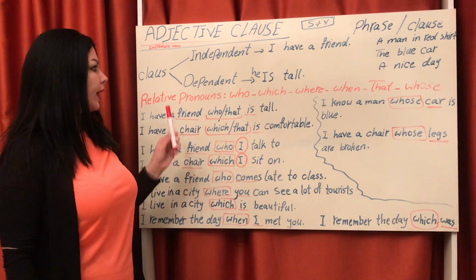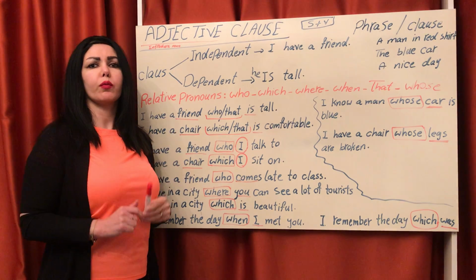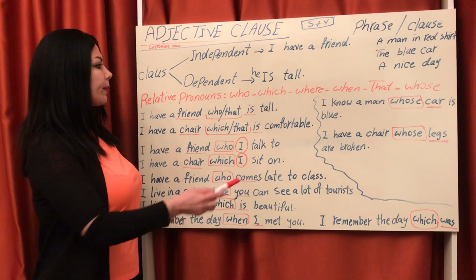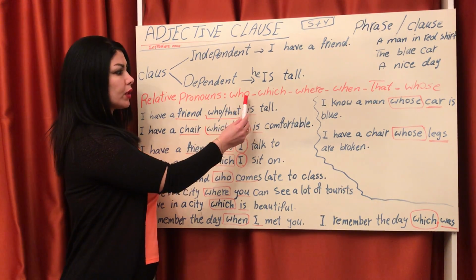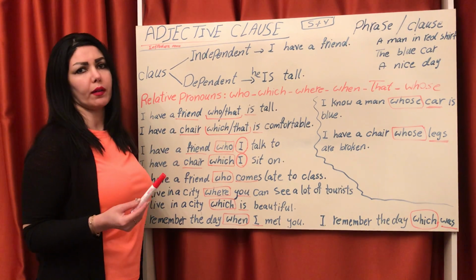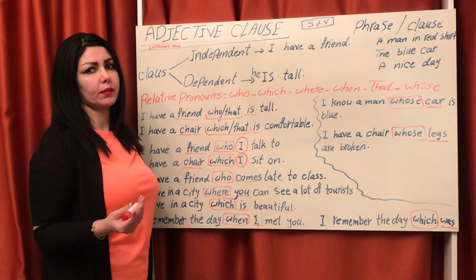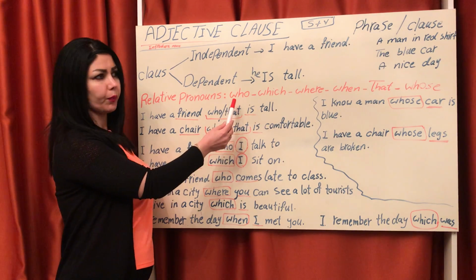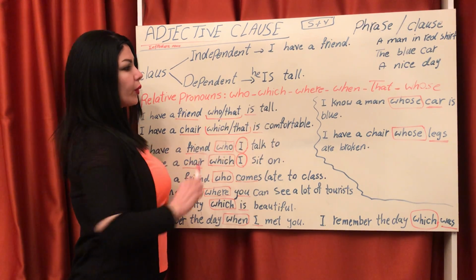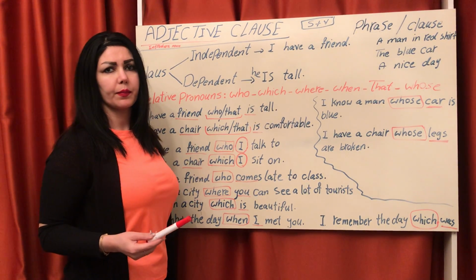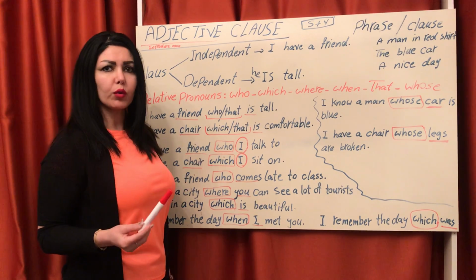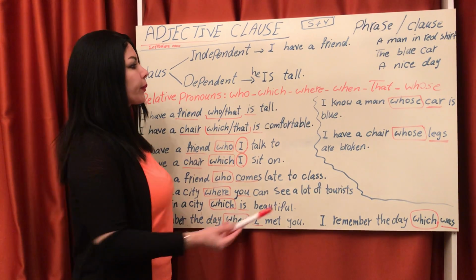One by one, I tell you what we use them for. For example, who. We use who for people or a person. Which we use for things.